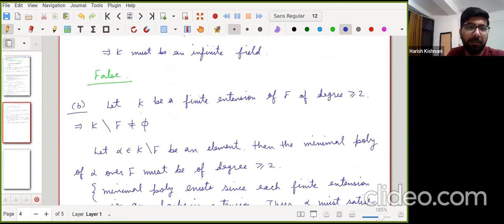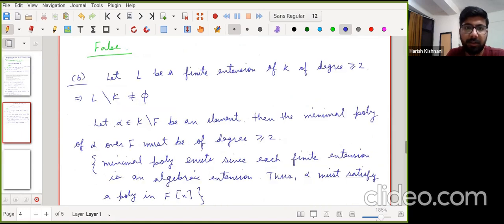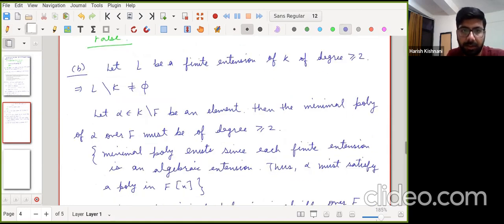So let L, maybe I can take, let L be the finite extension of k, and then we need to take an element alpha from L minus k.